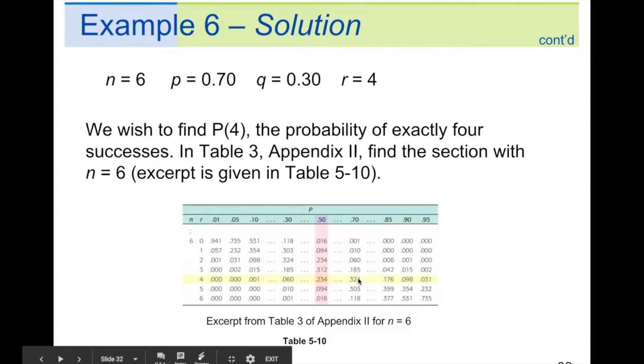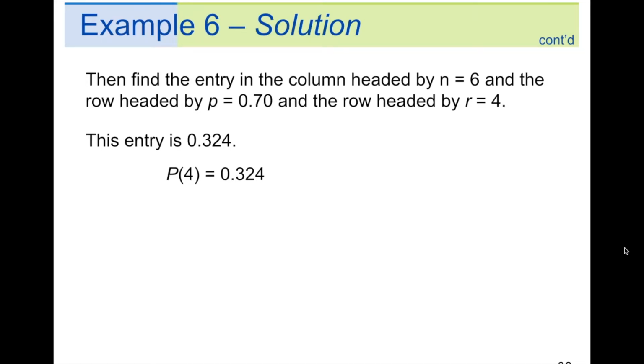Where 0.7 intercepts r equals 4 is 0.324. So as we just did, find the entry in the column headed by n equals 6, the row headed by p equals 0.7, and the row headed by r equals 4. This entry, as I said, is 0.324.